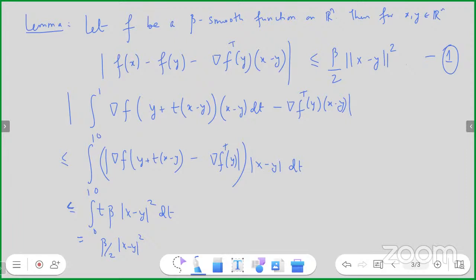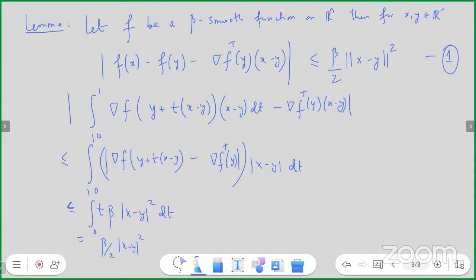For a convex function, what happens to the left-hand side? That's all I can do, because that's always a positive quantity. So that's all we'll get if you also throw in that f is convex.